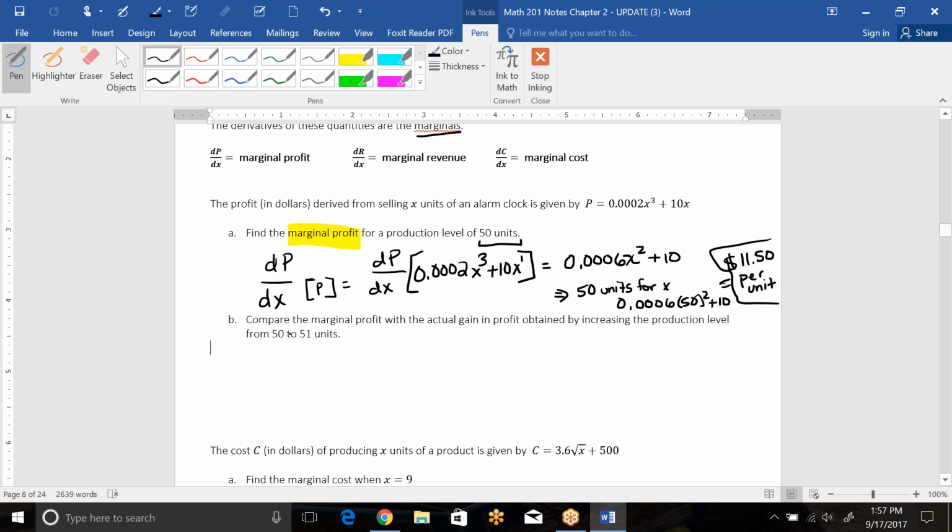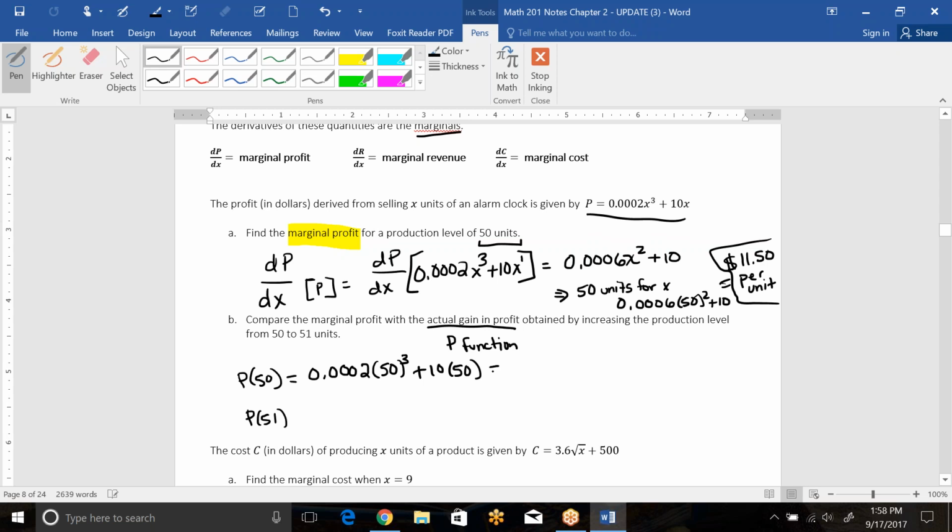So when we do this, you're actually going back. Actual gain has to do with the original function. Marginal profit, remember, has to do with the derivative. So we're going to be doing P of 50 and P of 51 in the original function to see how much we actually gained. So if we do P of 50, that's 0.0002 times 50 cubed, because remember, we're going back to the original function here, plus 10 times 50.